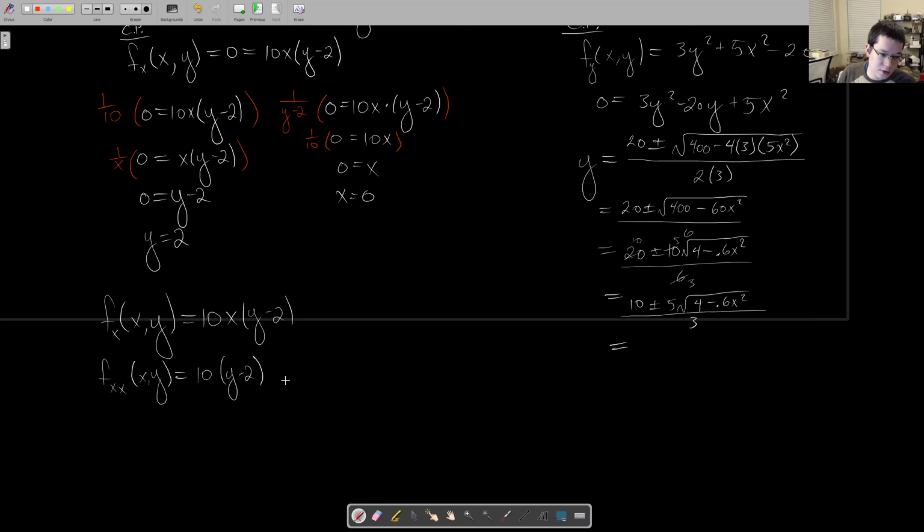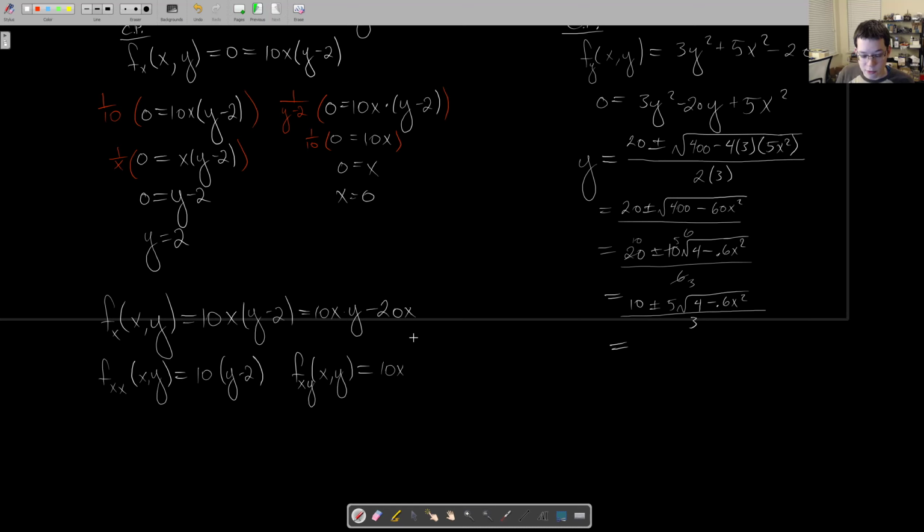And then we'll do the same thing, f derivative with respect to x, and then take the derivative of that with respect to y is going to be 10x times y minus 20x. So the derivative of this with respect to y is going to be 10x.